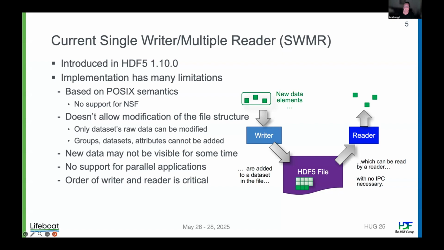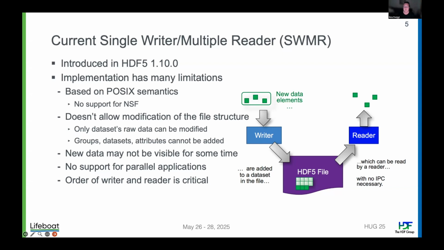The biggest limitation is that it's based on POSIX semantics, and specifically it requires not even atomics, because, for example, you cannot guarantee atomics on a Lustre system. It requires preservation of ordering. For example, if you have writer A and writer B, then data written by writer A should become visible to the readers before writer B finishes or puts its data.